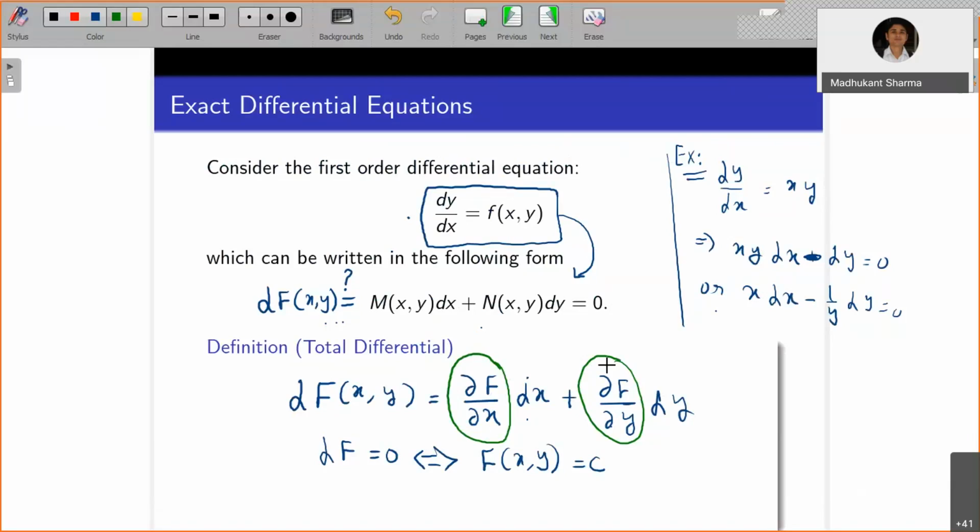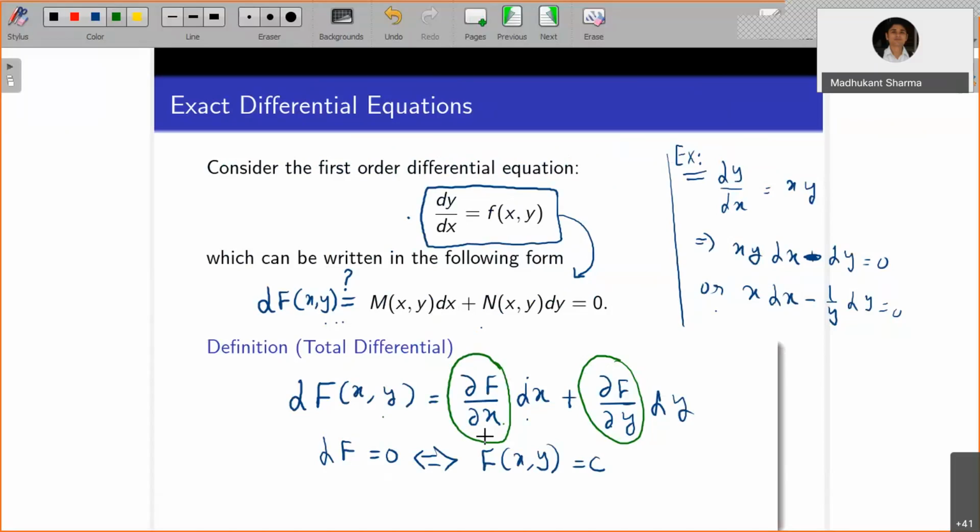So far we are only restricted to the one variable case, so I am not going into much detail. For the total differential, the left hand side and right hand side both have meaning only when these partial derivatives exist, in some certain domain D.